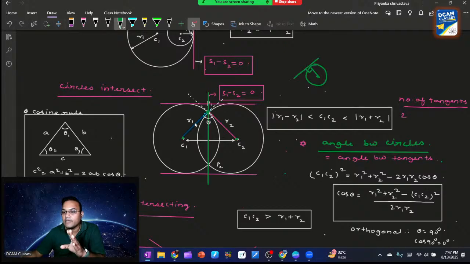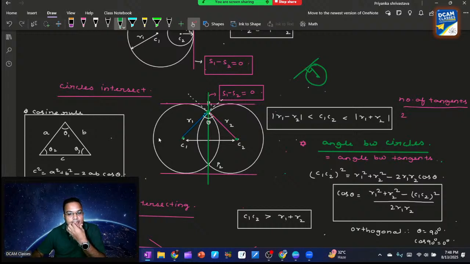I never said this R1 is tangent to this other circle. Don't get confused here. It's just a line connecting C1 to the point of intersection. You may extend that also if you want.